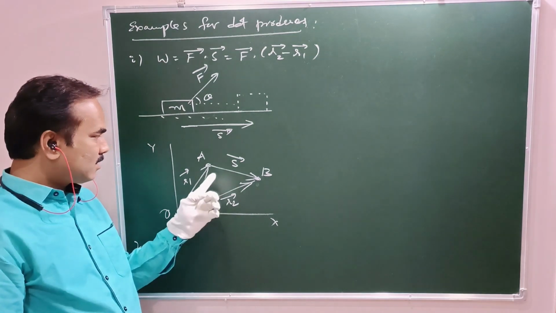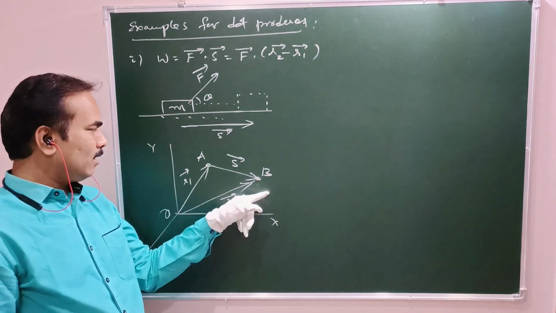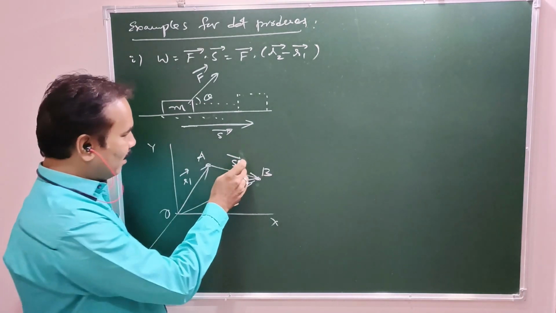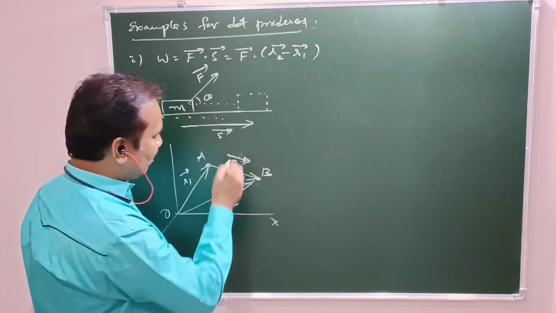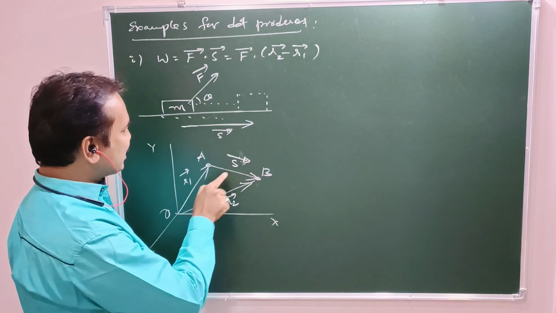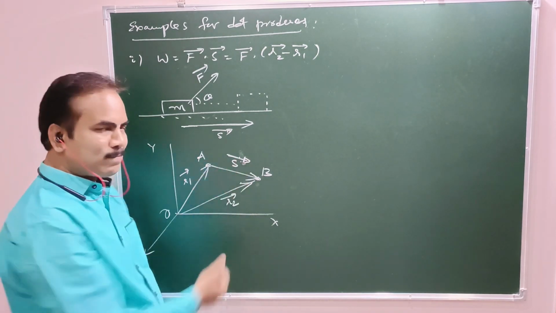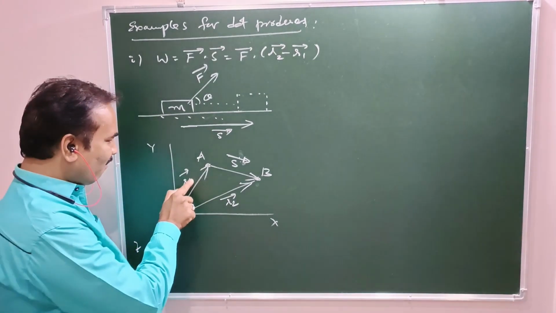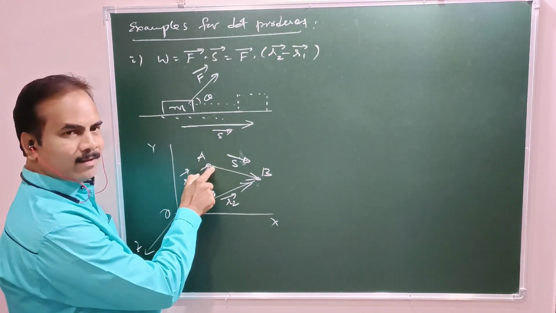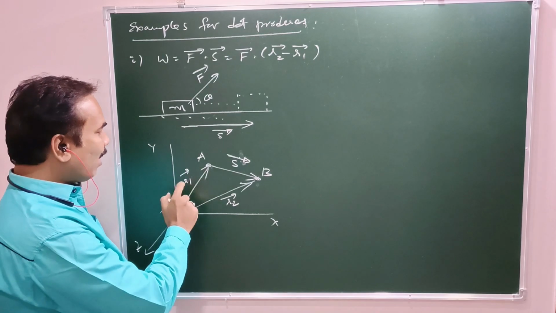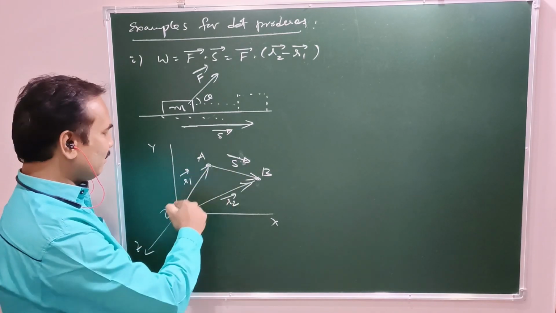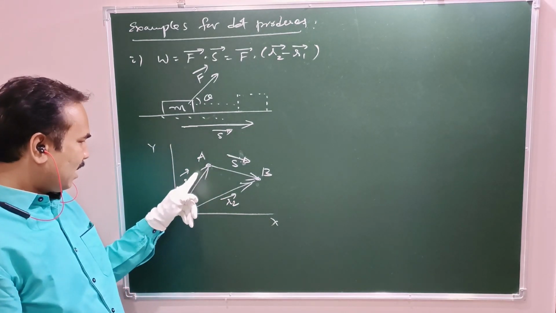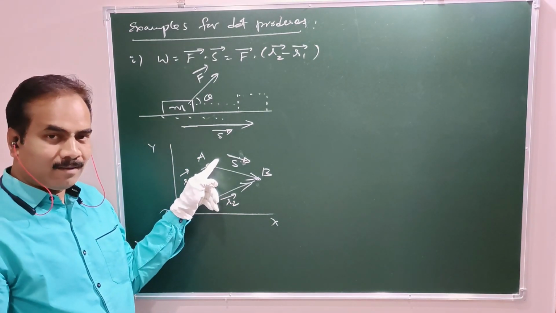Now the particle is displaced from A to B. In that motion, the displacement is expressed by the symbol S bar. See, the head of R1 bar is joined with the tail of S bar. R1 bar and S bar are taken as the adjacent sides of a triangle in the same order, because the head of R1 bar is joined with the tail of S bar.